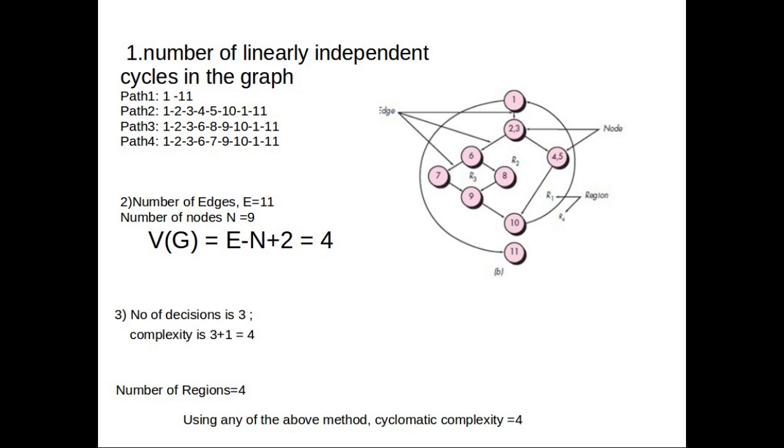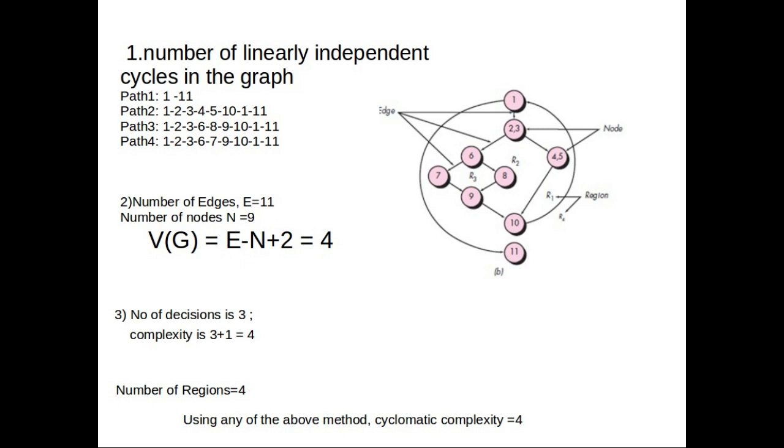Another method for cyclomatic complexity: let V(G) be the cyclomatic complexity for the flow graph G. It is defined as V(G) = E - N + 2, where E is the number of flow graph edges and N is the number of flow graph nodes.